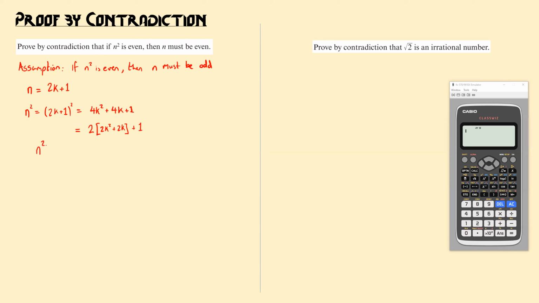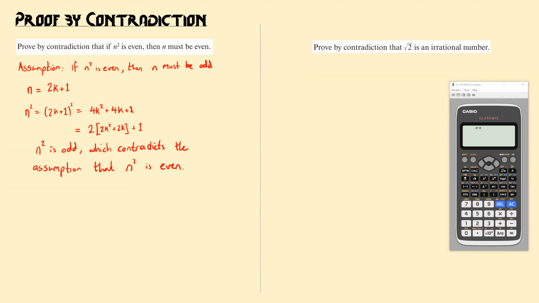So I'm just going to put n squared is odd, which contradicts the assumption that n squared is even. And that's all I wanted to say for that.